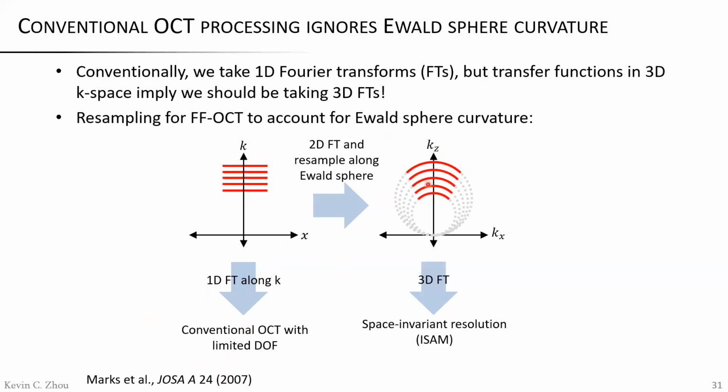But if we resample this along the Ewald sphere, and then take a 3D Fourier transform, then we get the space invariant resolution. And this is the idea behind ISAM. This method does require, however, a phase stability during the full data acquisition, which means that the sample doesn't move significantly as you're, for example, sweeping the wavelength.